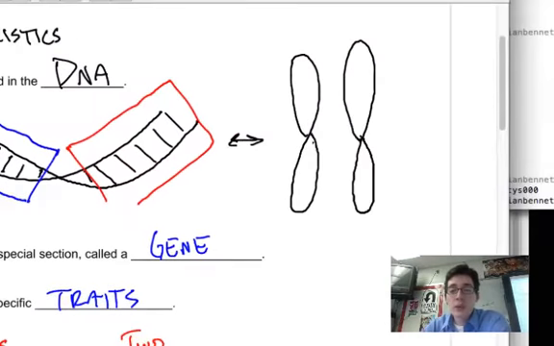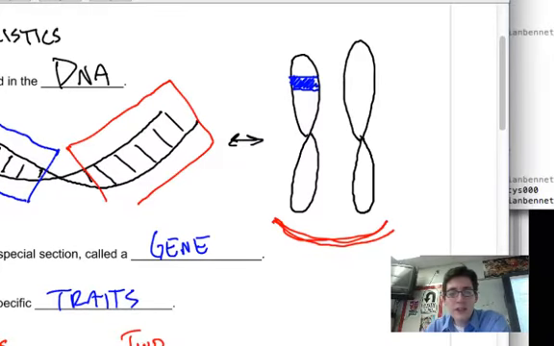So here's a gene pair. Okay, these go together, or this is a chromosome pair. Let's say you have a gene right here in the chromosome. Okay, that little chunk of DNA is a gene. Now, these are identical to one another. They're the same.